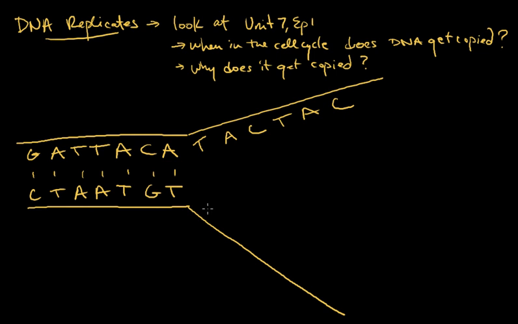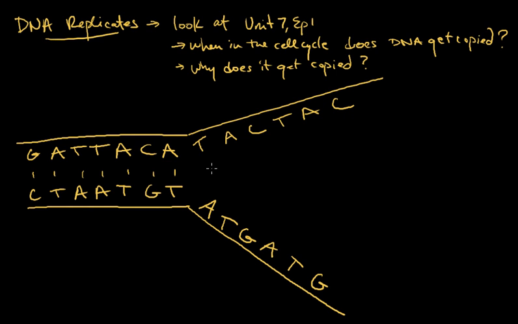and then its complements were these, the complements before this enzyme came in and split it apart, and now the hydrogen bonds have been broken. And we've got these loose, unbonded molecules. And so another enzyme will come in and start adding free-floating nucleotides.